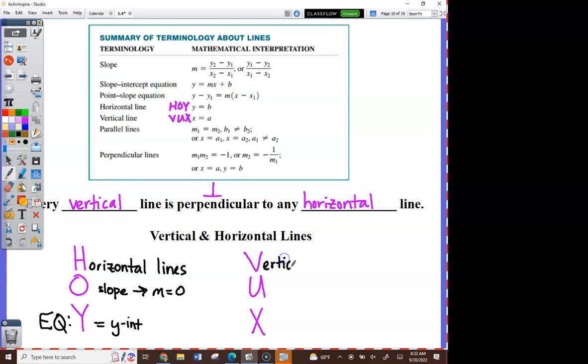Vertical lines have an undefined slope, which means we have no value for m at all. It's not that m is 0, it's that m's not there. And the equation for any given vertical line is always x equals the x-intercept.